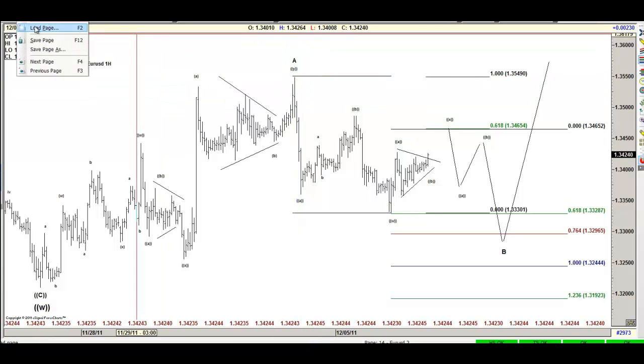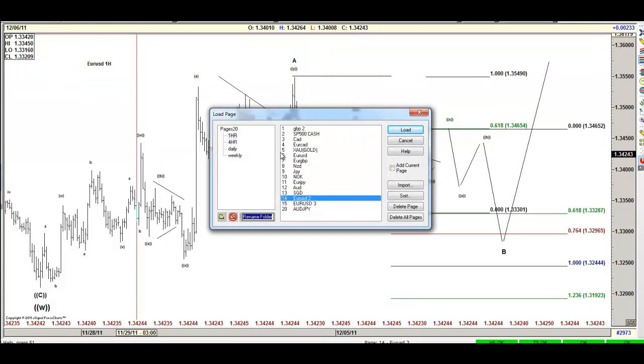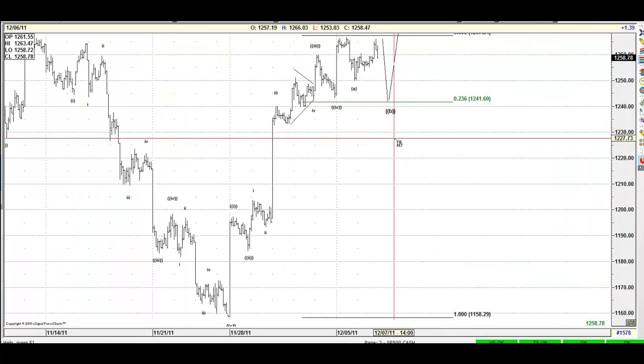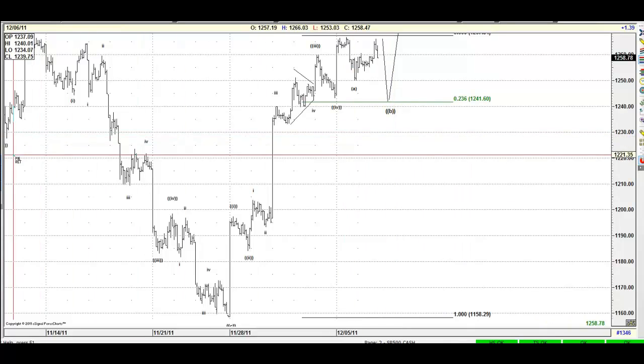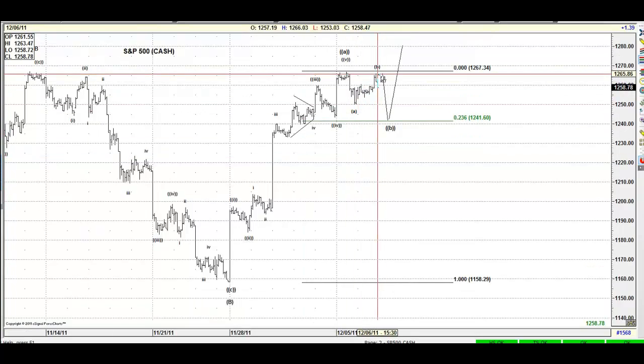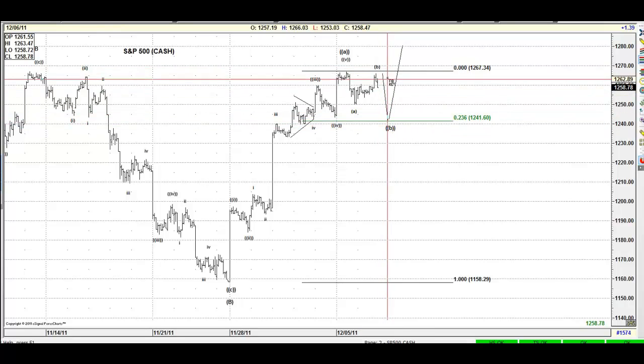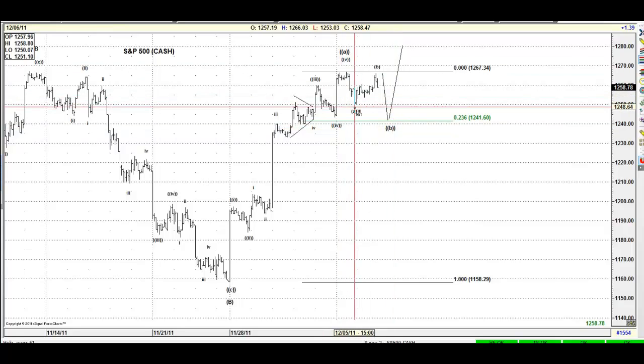Now, around the market, let's take a look at the S&P cash, which is very important. In the S&P cash scenario, we believe that like copper, the S&P cash needs a minimum of another leg down right here to complete a correction.